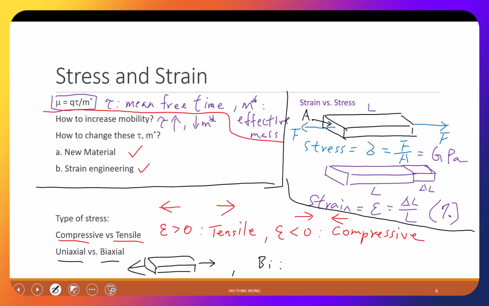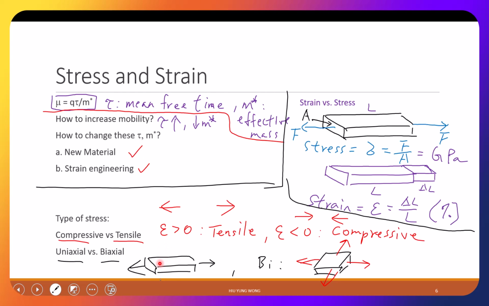Biaxial is like this. You try to apply the strain and stress in both directions. You just pull it, right? This is very a torture actually. Well, I just pull every direction. But now, you should already know what will happen.